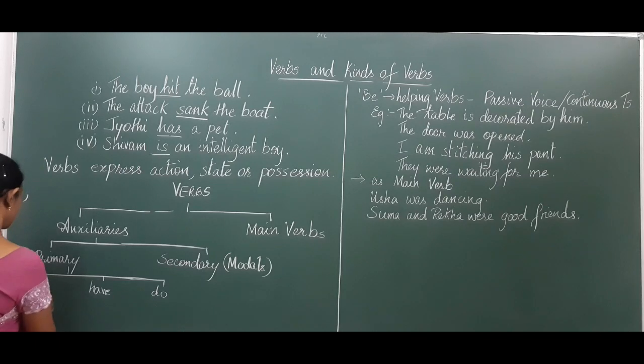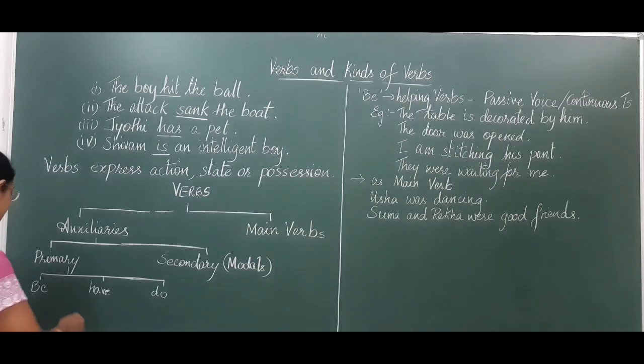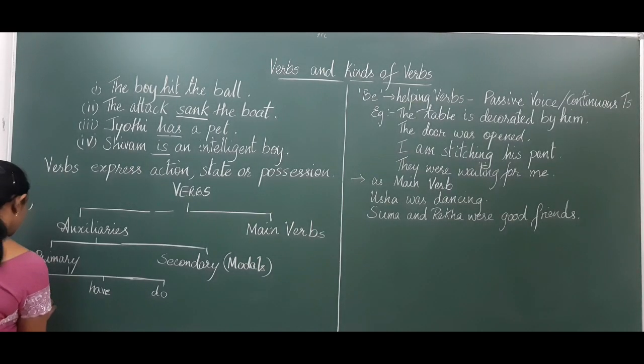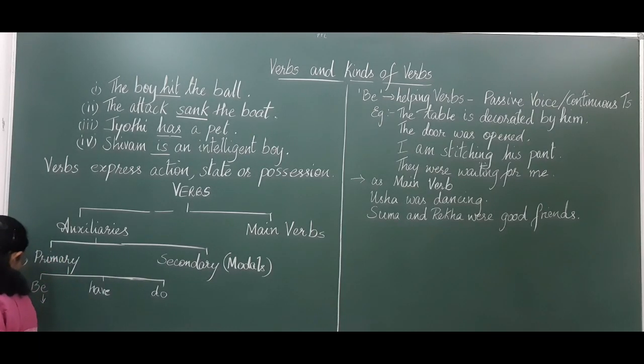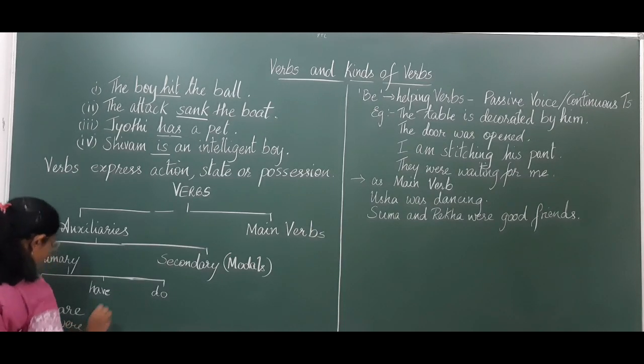So, we shall now have a brief study on each of these primary auxiliaries. Under be verbs, we have words like is, am, are, was, were.